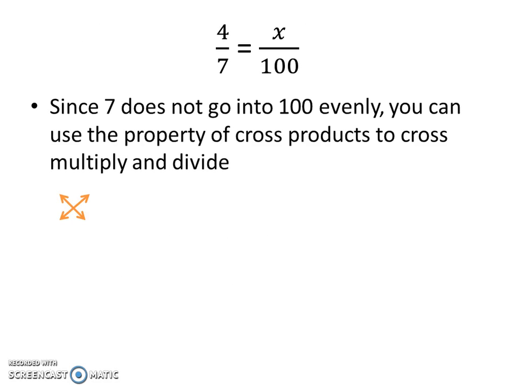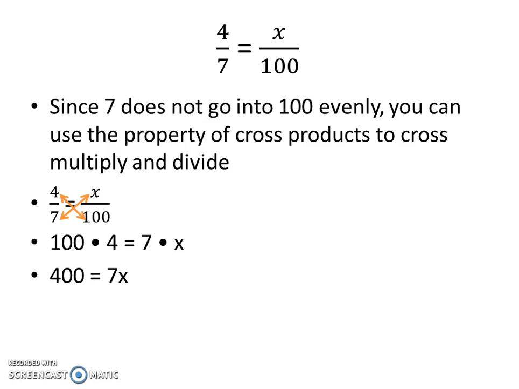Since 7 doesn't go into 100 evenly, we need to use a different strategy rather than just simply scaling up. We can use the property of cross products to cross multiply and divide. We have 4/7 equals x over 100. The 4 and the 100, if we multiply those together, are equal to 7 multiplied by x. So 100 times 4 equals 7 times x, which looks like 400 equals 7x.